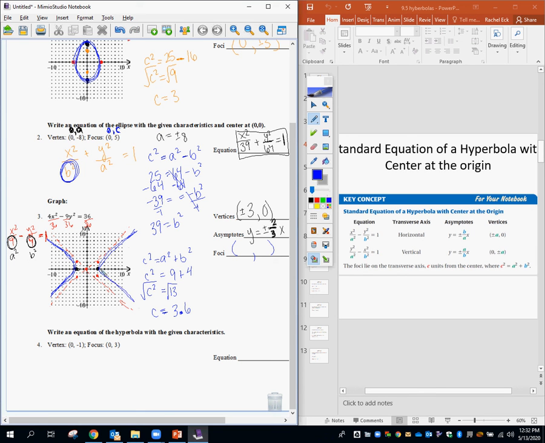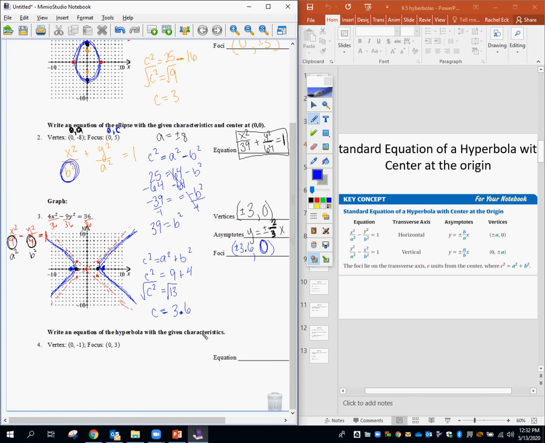And our focus is going to be inside these blue curves. So we need to go 3.6 units on the horizontal axis and negative 3.6 units on the horizontal axis and up 0 units. And that's how we label the foci. Okay, we can't just put 3.6. It's an ordered pair.